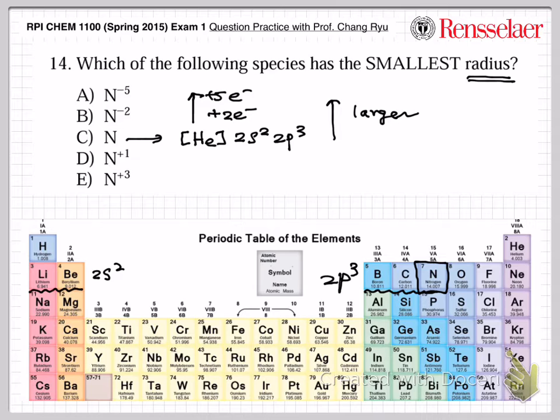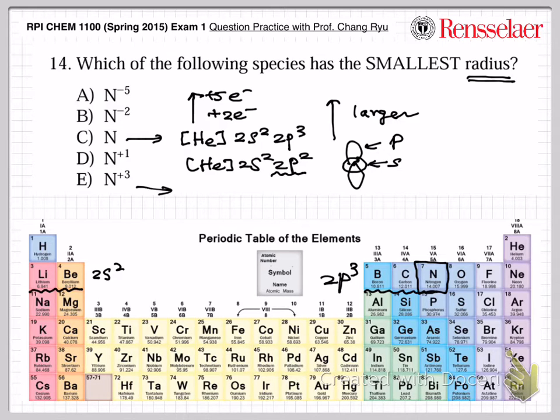So in the case of N plus, helium 2s2 2p2, you still have a p electron, which has that kind of shape, and the s electron looks like that. So this is an s electron, this is like a p orbital electron shape.